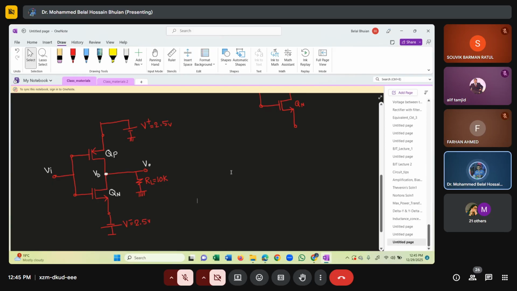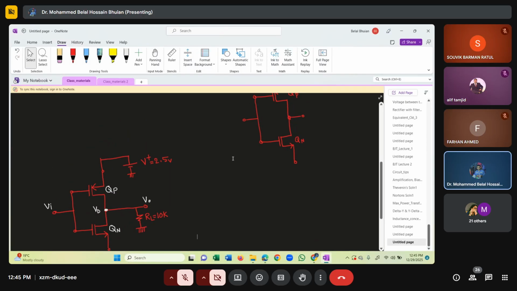So this is a NOT gate. This is a circuit diagram for a NOT gate, or inverter, using a CMOS circuit.